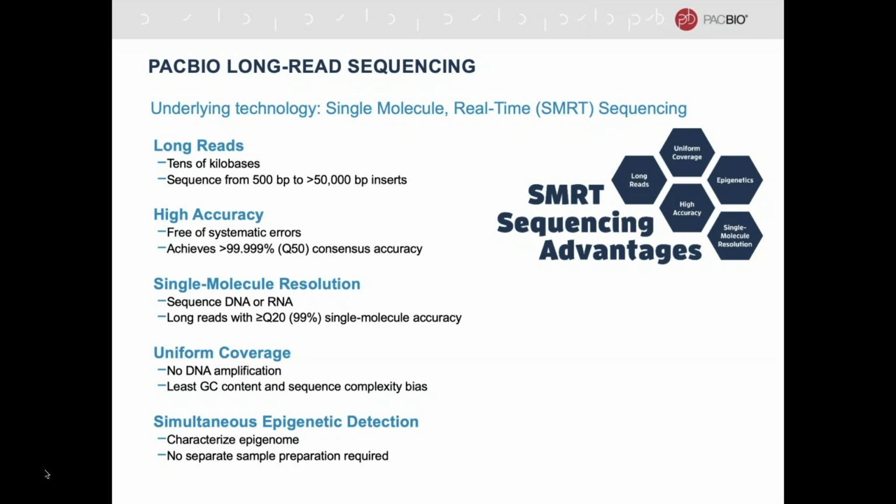So if you're working with an individual that has a really high amount of repeats or complexity to it, PacBio is going to be able to span those regions much better than any other technology. And another cool advantage, because we are looking at native DNA in real time, we're able to do simultaneous epigenetic detection, and this comes at no additional cost or sample preparation to you.